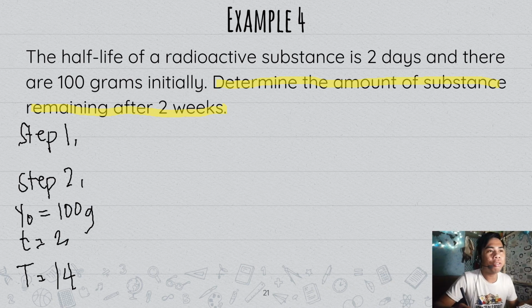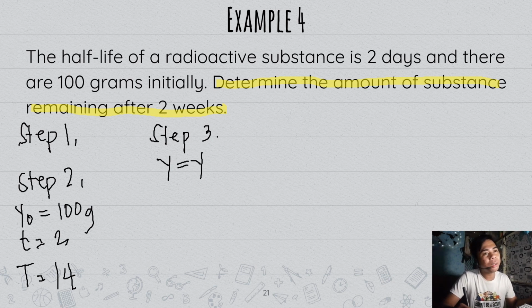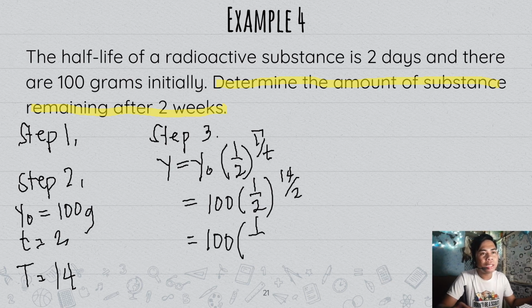Very good. So for step number 3, as we have done earlier in our problems, just simply substitute all the given in our formula. So y is equal to y sub 0 times 1/2 raised to capital letter T over small letter t. That would be 100 times 1/2 raised to 14 over 2, which is 100 times 1/2 raised to 7.